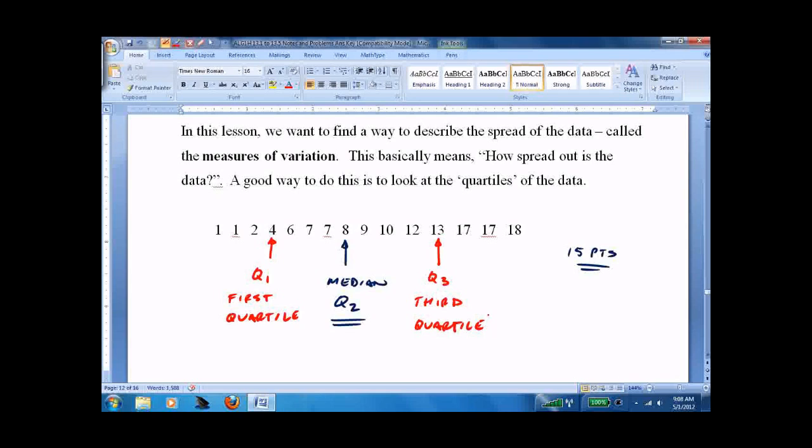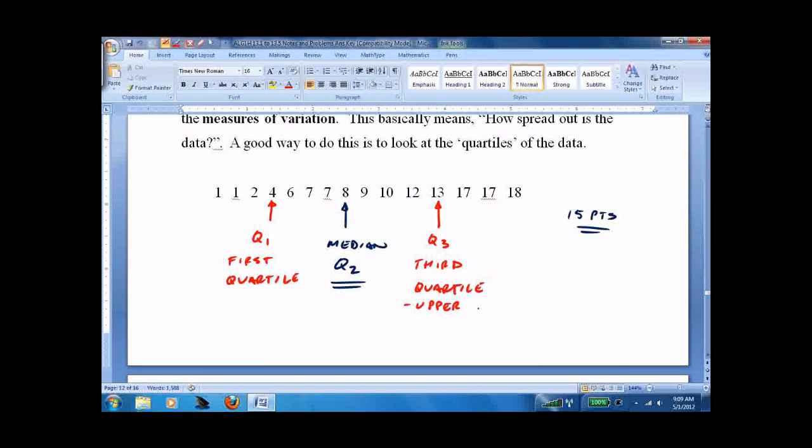We can also call these upper quartile or lower quartile. If we subtract the actual values, we get something called the interquartile range.